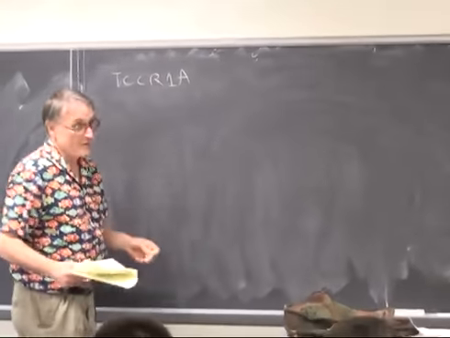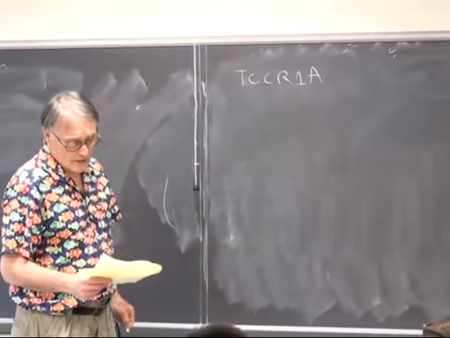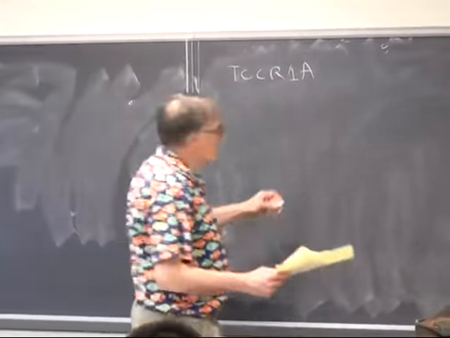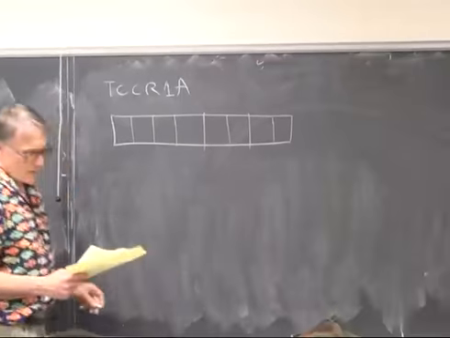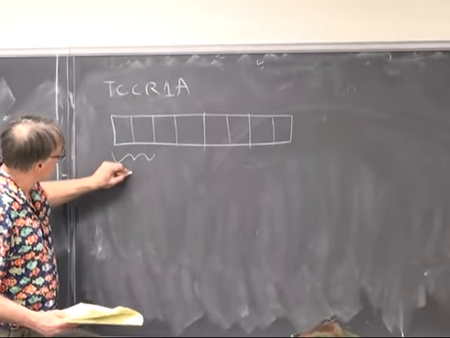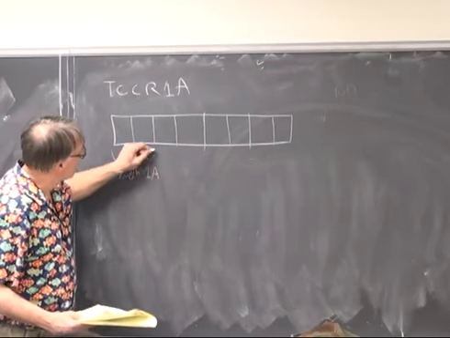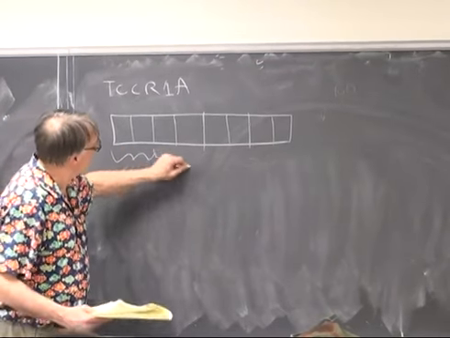TCCR1A is, of course, one of the timer control registers. Two bits for COM1A and COM1B. Those are waveform generation control bits. The two lower bits are WGM11 and WGM10.